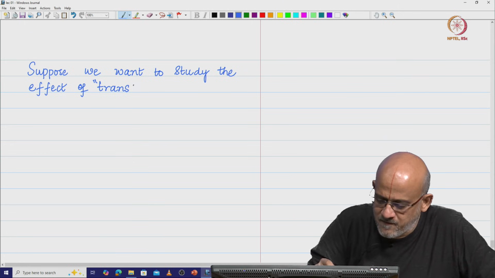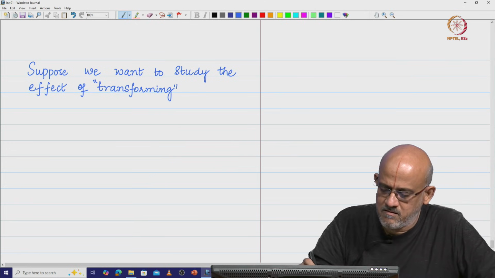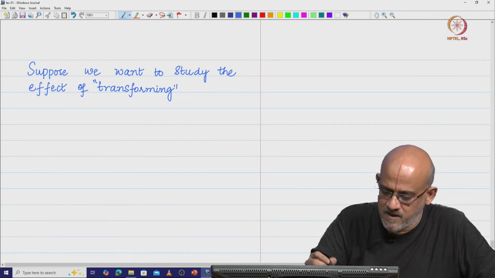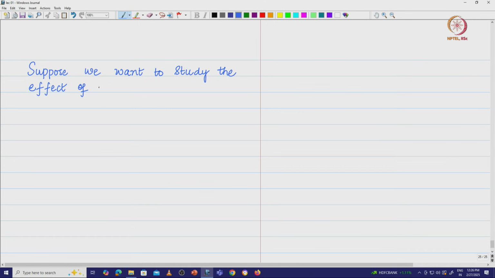So, what is the effect of a transformation on a vector space?